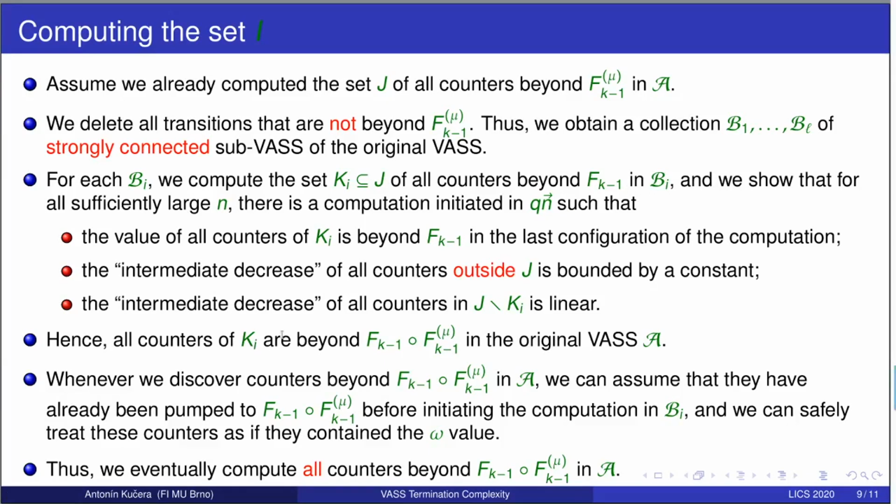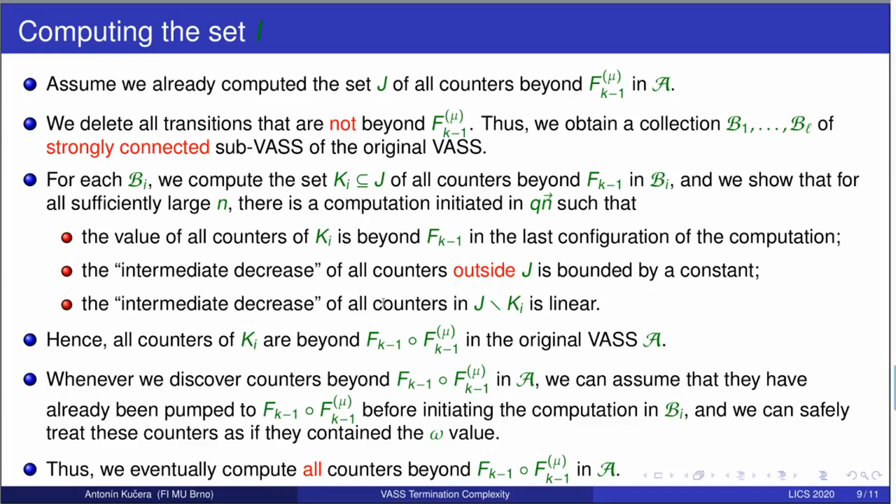Moreover, we formulate and maintain a certain assumption about the structure of computations pumping the counters beyond fk in a given strongly connected VASS. So at this moment we can apply this assumption to fk minus 1 and Bi.